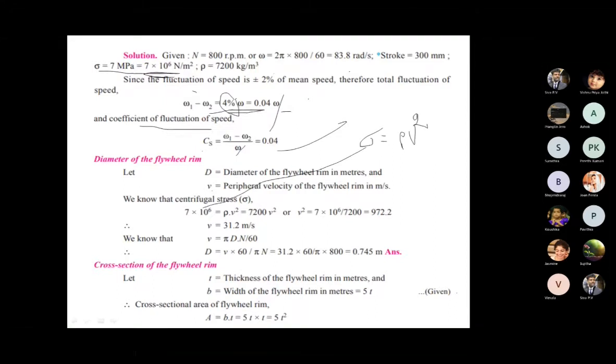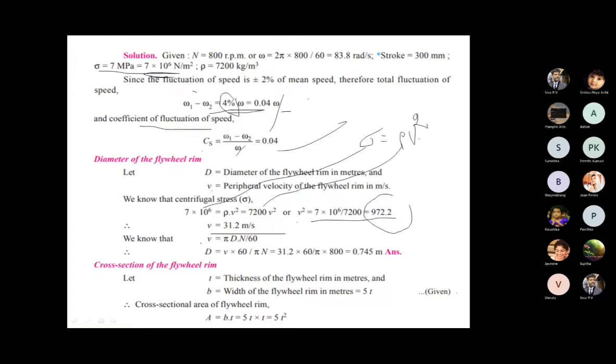The rho value is also given, 7,200. Now v is what we are going to find out. So v square equals 7 into 10 power 6 divided by 7,200, which is 972.2. So v equals 31.2 meter per second.